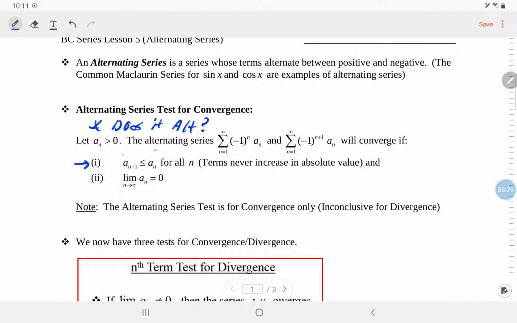Well, what it really means is that my new term, whatever the next term is, like if I've got terms 1, 2, 3, 4, 5, 6, 7, 8, 9, whatever. So here's my a1, a2, a3, a4. This is my old term or my previous term. A5 would be my next term or my new term.